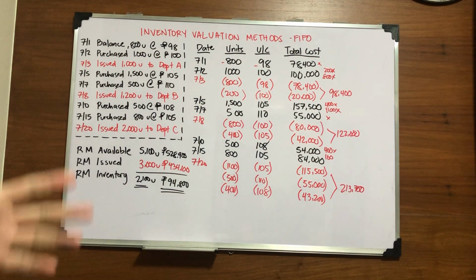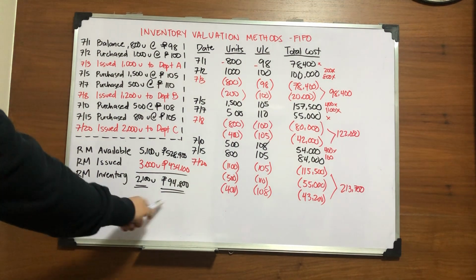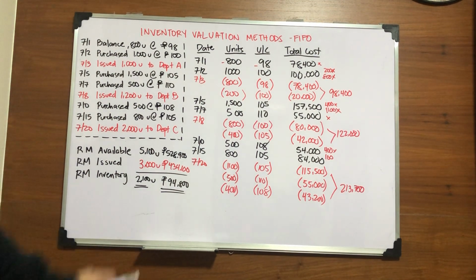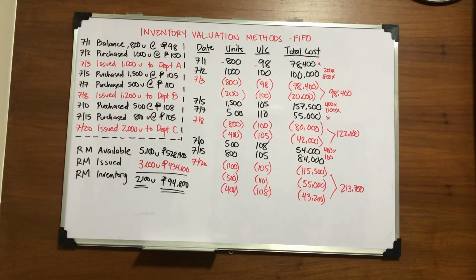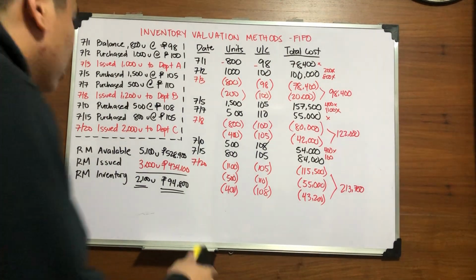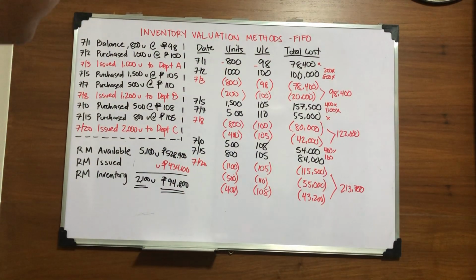So what we have to do here, you've already determined that there's only remaining 2,100 units, right? I'm sorry, this should be 4,200. Sorry, this should be 4,200.